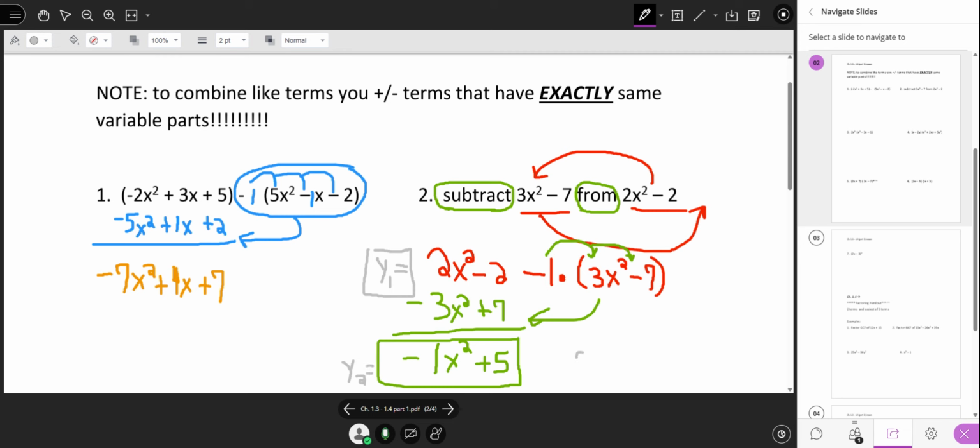And then you can go second, graph, and that will give you a table. So you can actually check your answers on your TI-83.